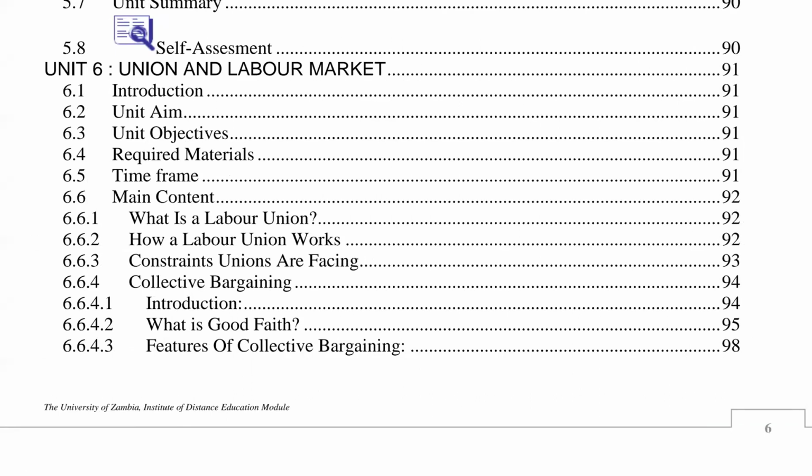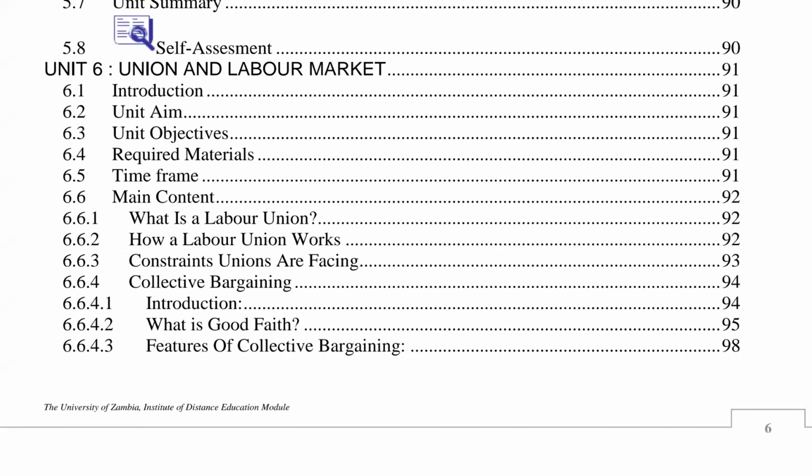Labor economics is very important and very interesting, I think, from the few things that I've just highlighted to you. But in unit number 6, which is the second last, we will look at the union and labor market.